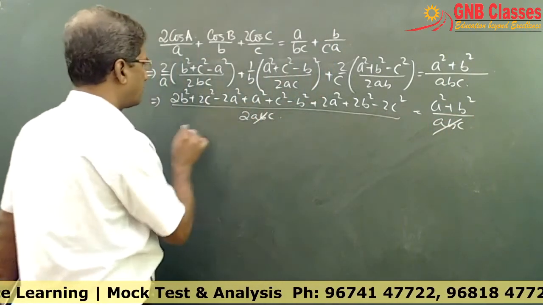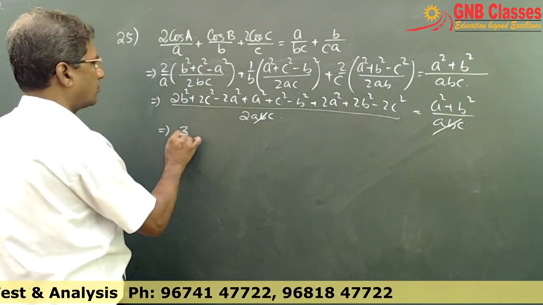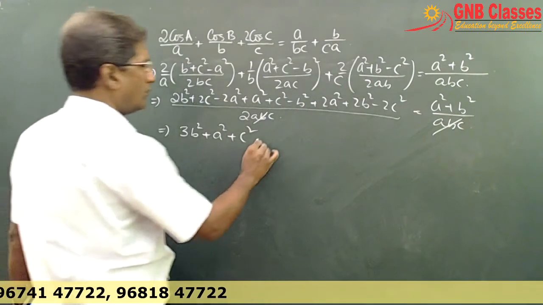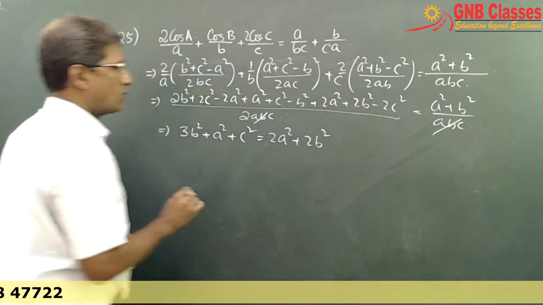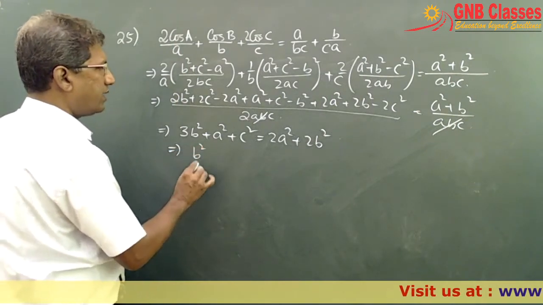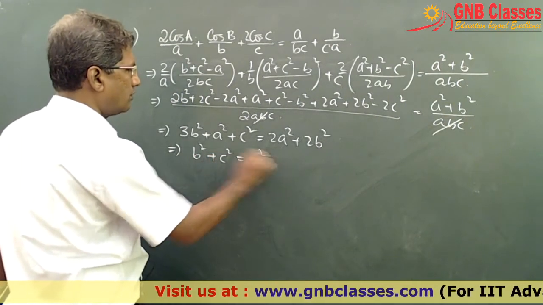ABC goes off. So we are left with 2A square plus 2B square. So that implies B square plus C square equals A square.